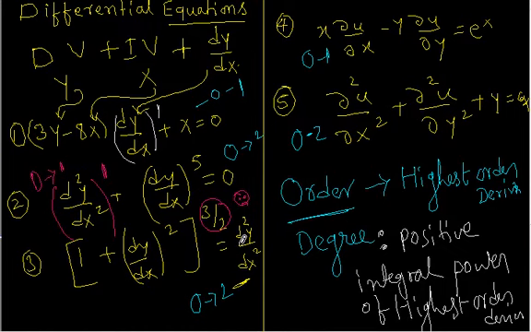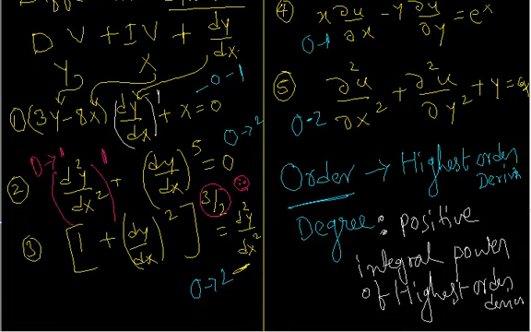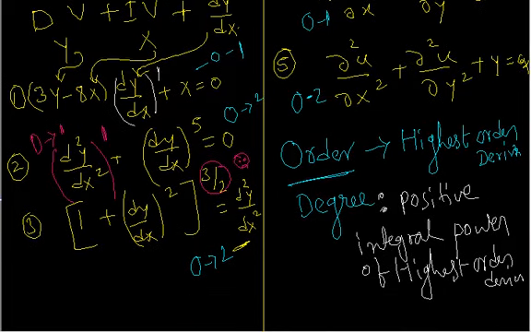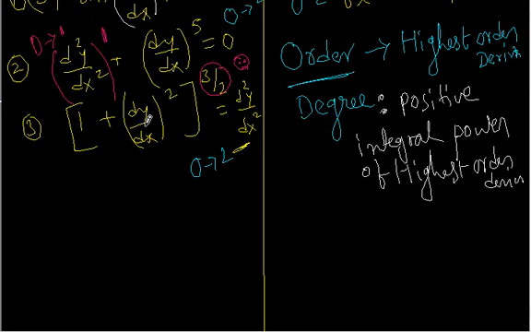So to find the degree, I will square equation 3 on both sides so that we can get rid of this radical, that is the square root of 1 plus dy over dx square, power 3.